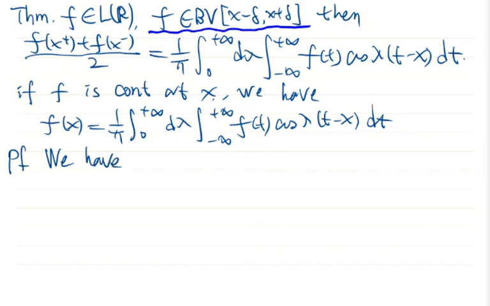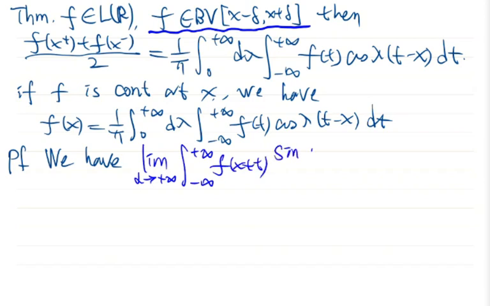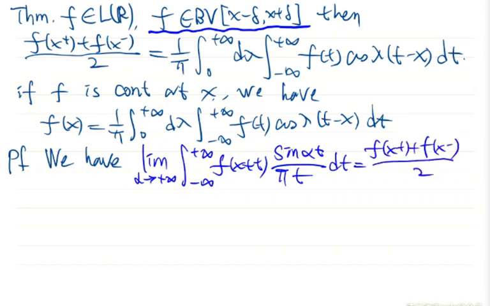That is, when alpha goes to positive infinity, the integral from minus infinity to positive infinity of f(x+t) sine alpha t divided by pi t dt is the mean value of the two-sided limit. We prove this result first. With this result, we will obtain the desired result of the theorem immediately.